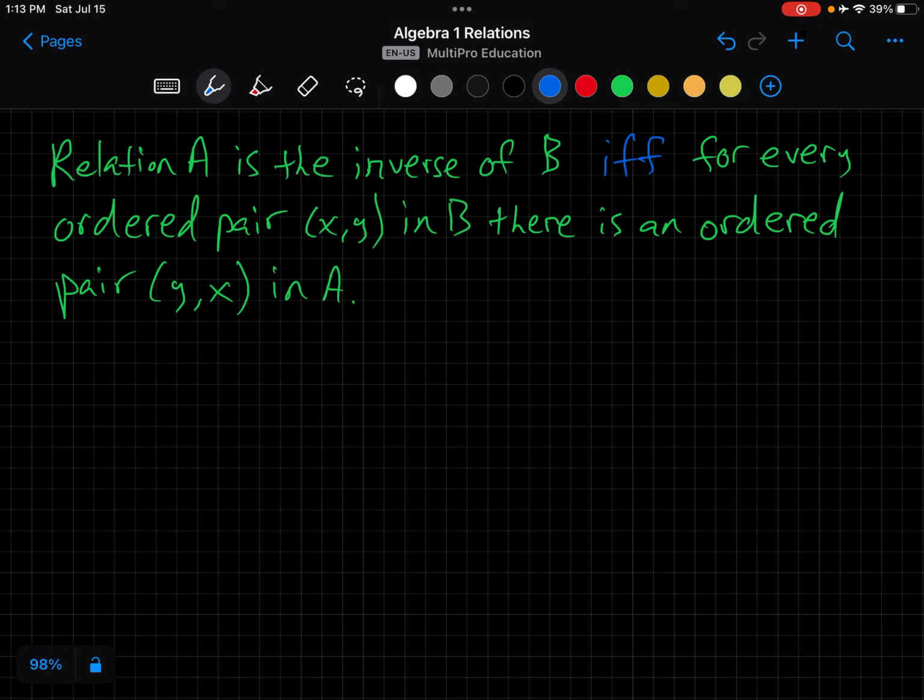Now let me tell you something a little bit additional about this, and we're going to switch to a different color. Let's go with this.